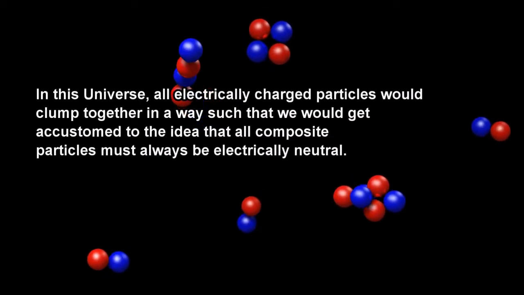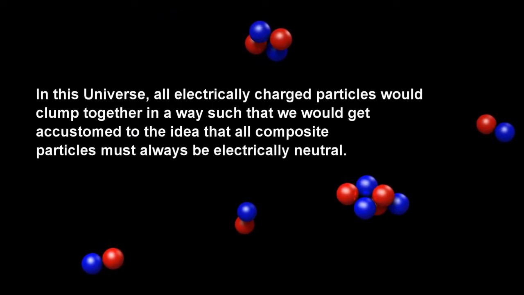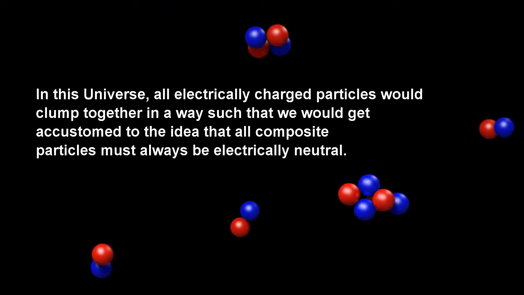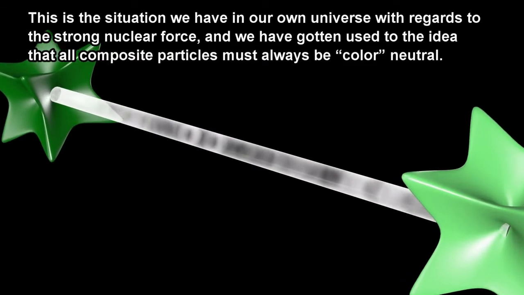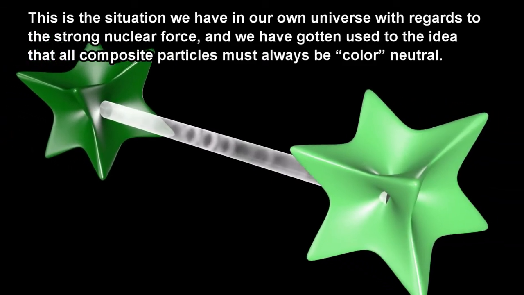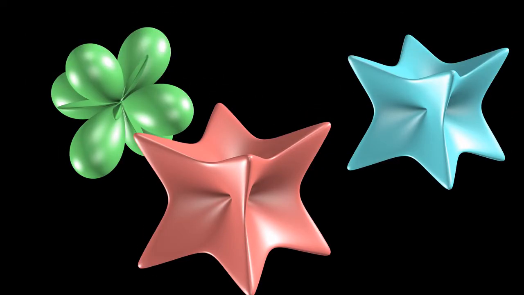In this universe, all electrically charged particles would clump together in a way such that we would get accustomed to the idea that all composite particles must always be electrically neutral. This is the situation we have in our own universe with regards to the strong nuclear force, and we have gotten used to the idea that all composite particles must always be color neutral.